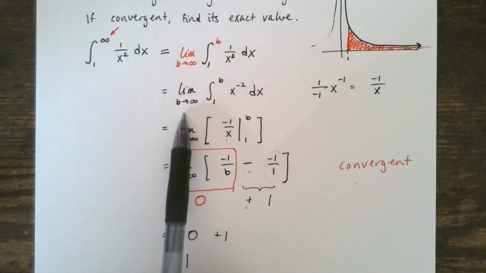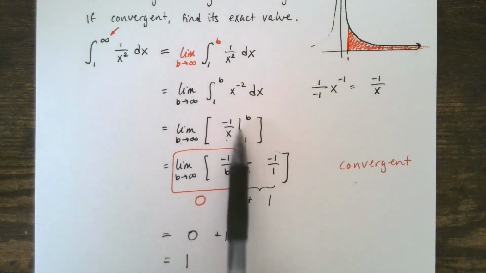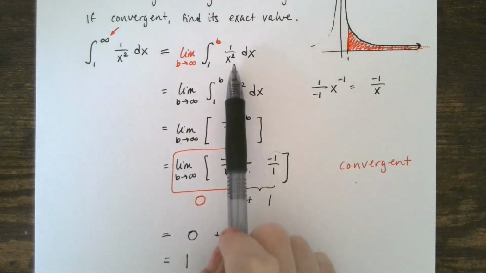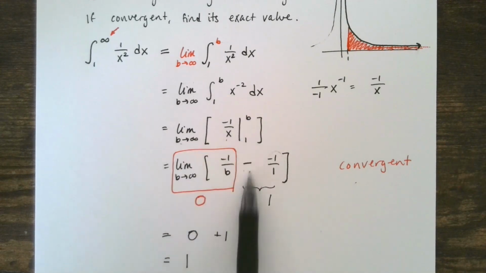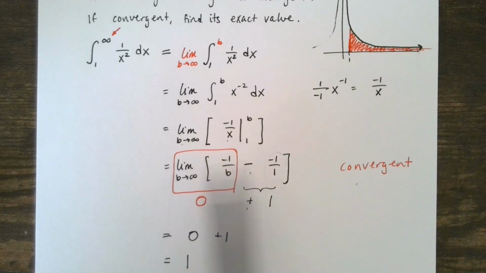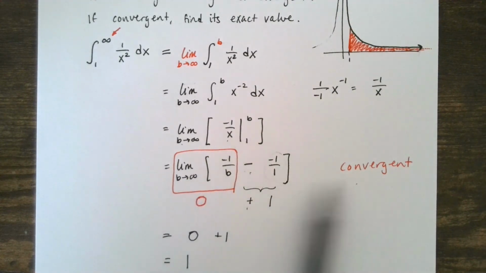Then that limit kind of carries down the next several steps as you just kind of go about your business doing your definite integral, right? So we just did our antiderivative, plugged in the two bounds. Then we needed to decide about this limit. If it exists, you say convergent. If that limit doesn't exist, you say divergent. And if it's convergent, you can keep going and finish off to the final number.